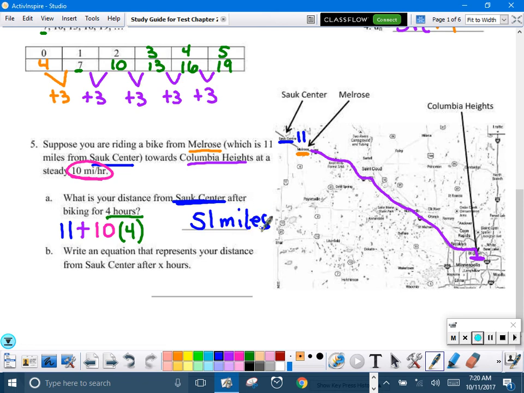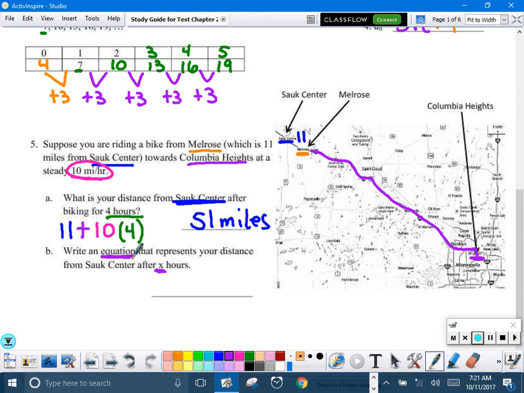Okay, think through that. Now, write an equation that represents your distance from Sauk Centre after X hours. Okay, so now we're going to use X and Y instead of the U sub n and the n, because this is an equation, not an explicit formula.